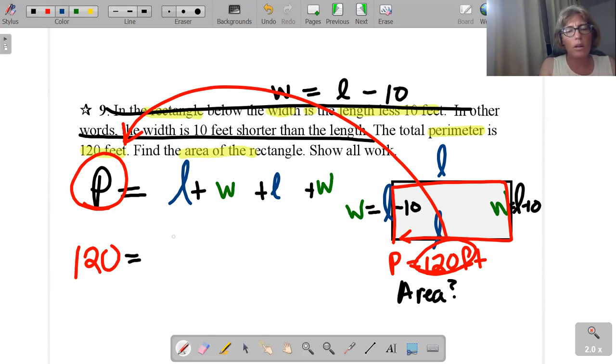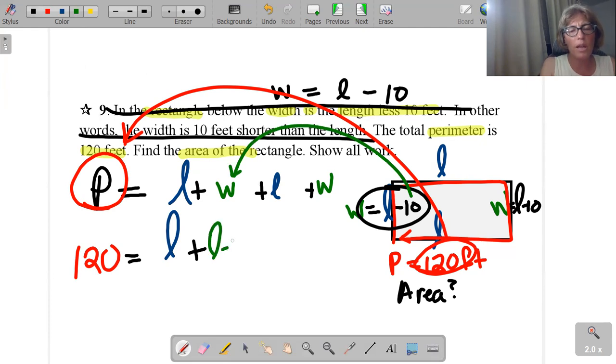Equals, our length is the same, plus we replace the width right there, L minus 10, plus L, plus our width, which is L minus 10 again.